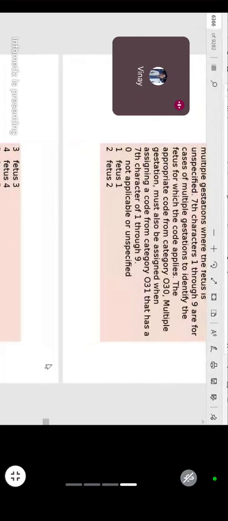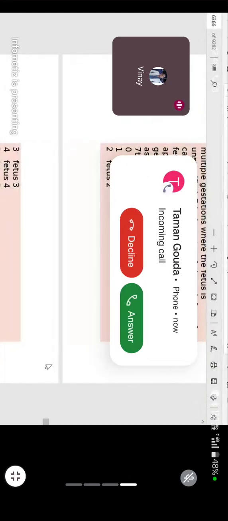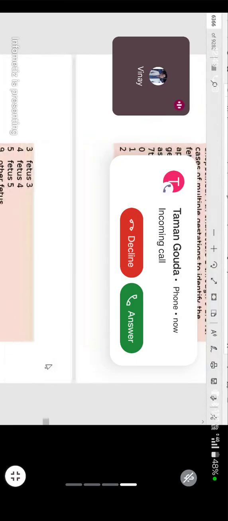Here you can see, no? So if the 7th character is 0, it means not applicable or unspecified. And then we have fetus 1, fetus 2, fetus 3, fetus 4, fetus 5, and the 9th one is other fetus. They could not identify them.